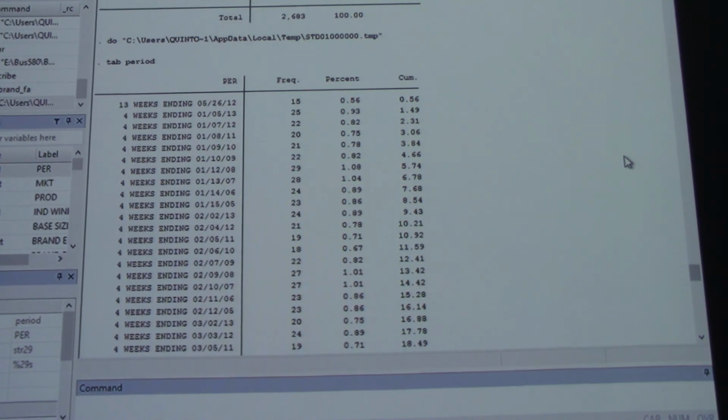But normally we convert the date to a Stata date, and we can't necessarily do that using the same commands. But Stata, being what it is, allows us to extract out just that portion of the data we want.